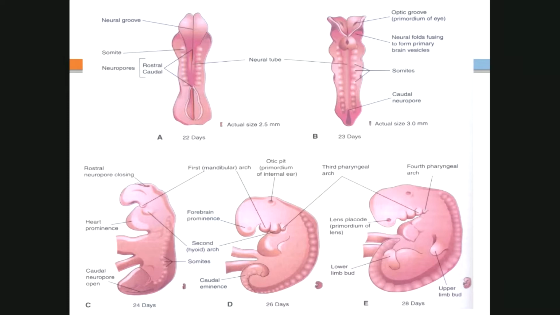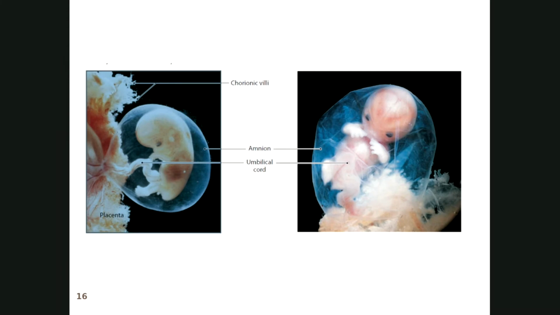Gradually it changes to the contour of the human. As you can see in this particular picture, somewhat it looks like a baby or newborn baby now. So gradually our embryo changes from the plate-like embryonic disc to the cylinder and then the human appearance.